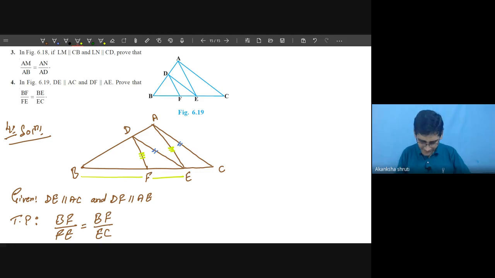The other ratio that I need to be equated is BE. So mark it, BE is this one, by EC. Now I need this one. How can this BE by EC be obtained?